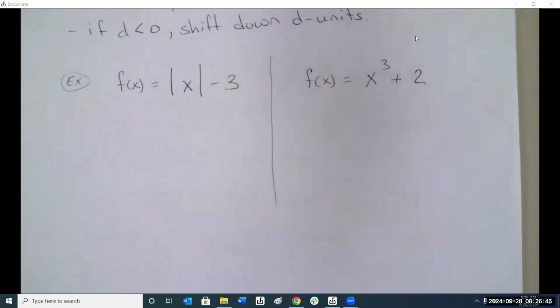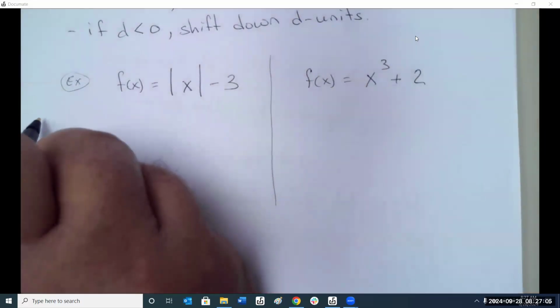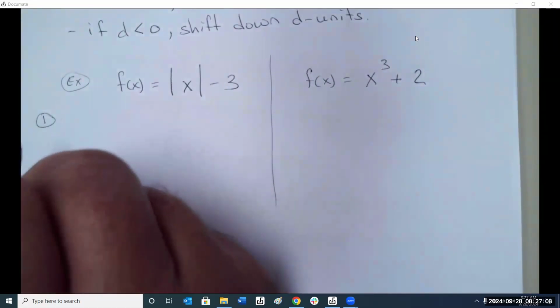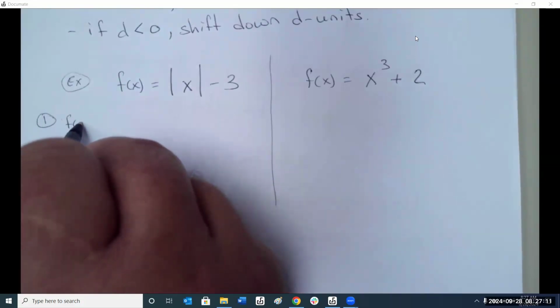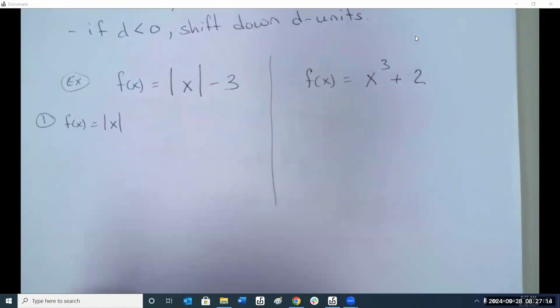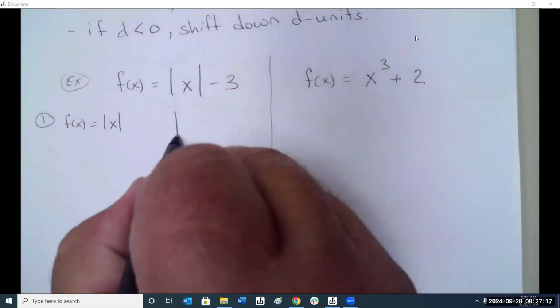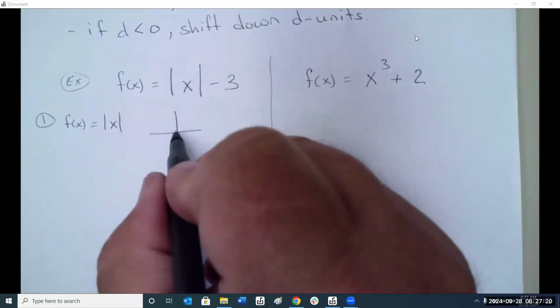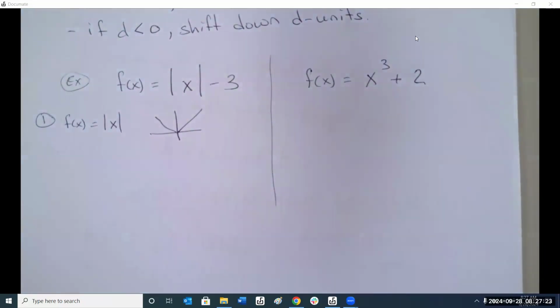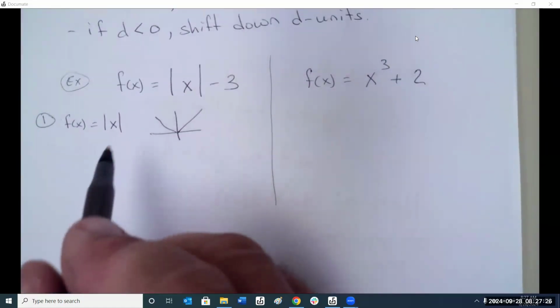Graph both of these. So in the first one, what's the basic function? It's the absolute value of x. What does that look like? What's that? A V, very good. So is there a horizontal shift?